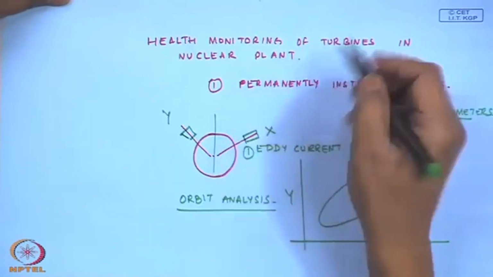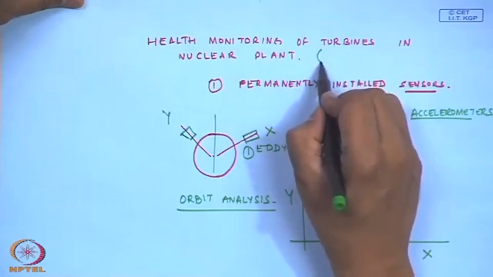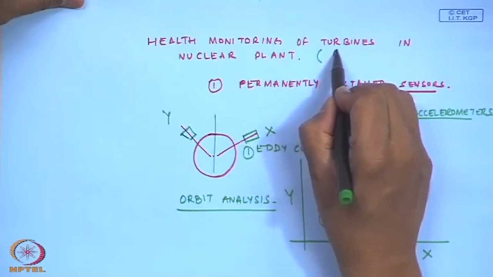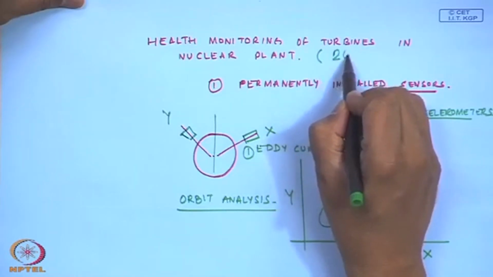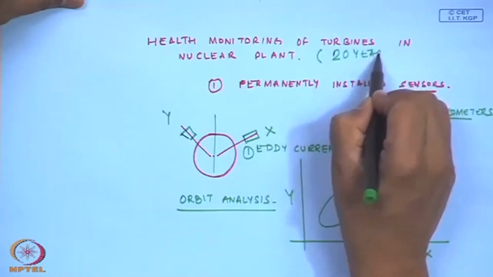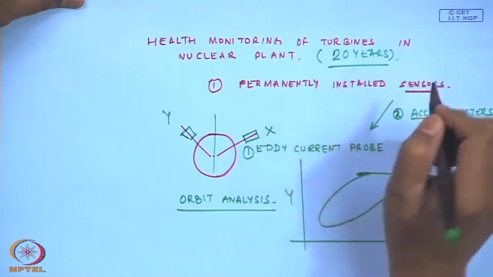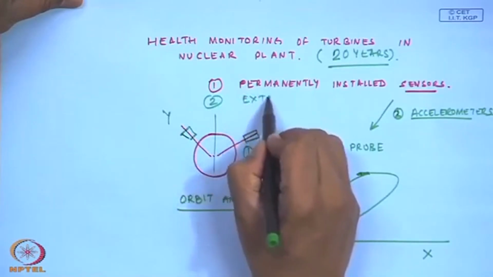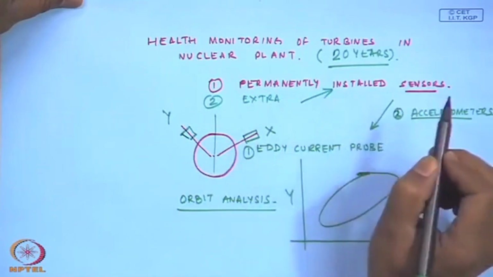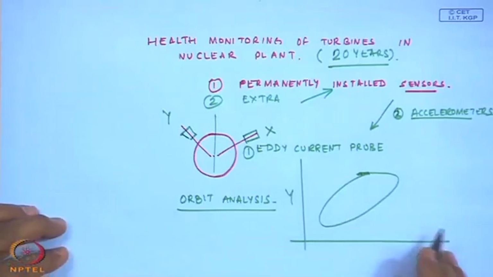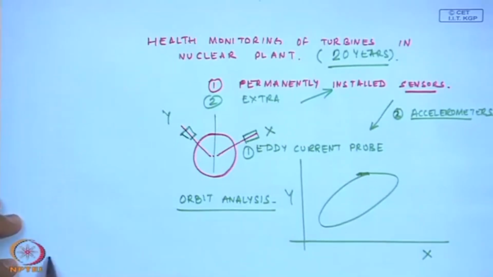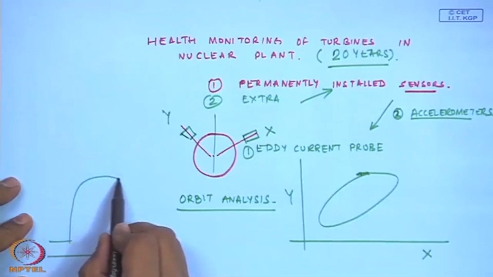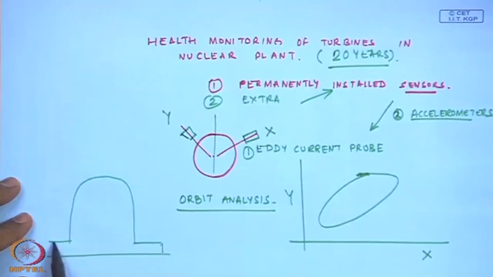The question is, suppose a nuclear plant is made and you are not supposed to go inside it, and it has a life of about 20 years. So, what do we do? They put a lot of extra or redundant transducers. Because if you go to a nuclear plant, they are actually in a containment building, and all the machines are there.